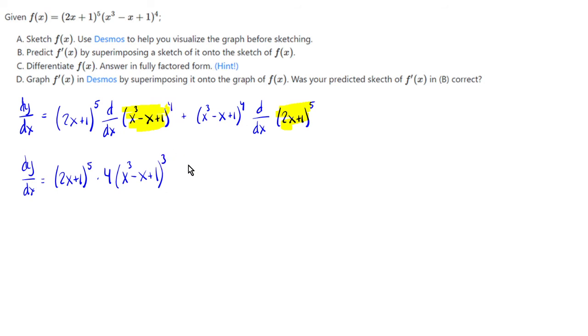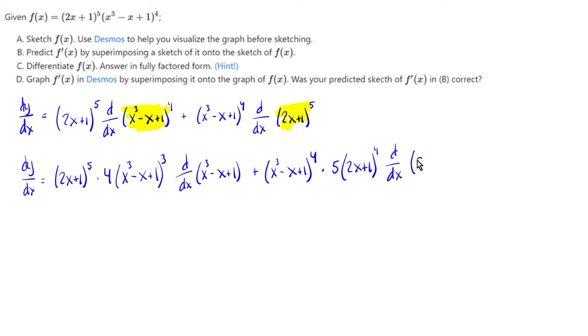And then we're going to take the derivative of the inside function, so d/dx of x cubed minus x plus 1, plus, and now we're doing the second half here, we're taking the derivative of the outside function, which is going to be 5, inside function stays intact, subtract 1 from the exponent, and then we take the derivative of the inside function, like that.